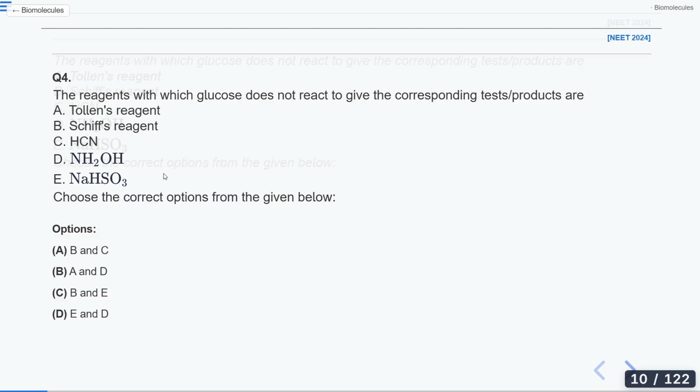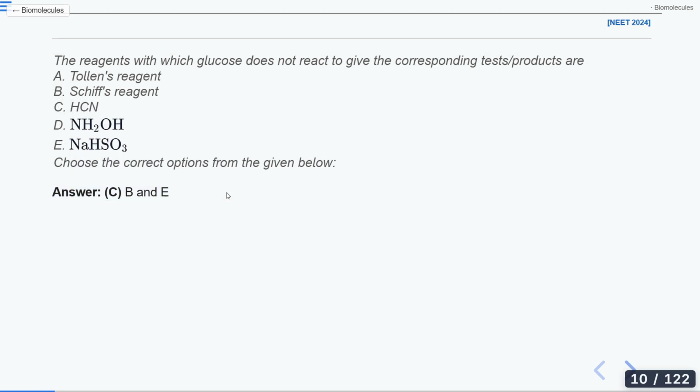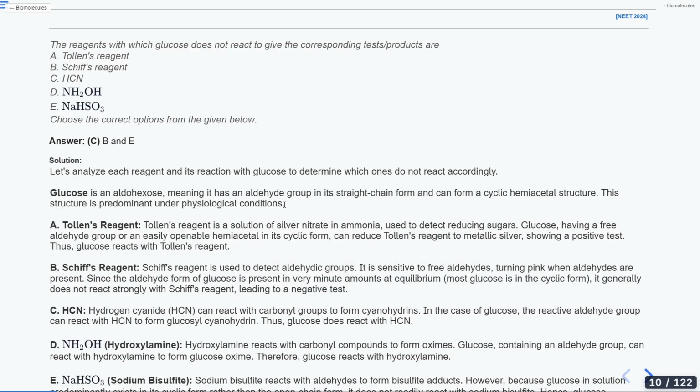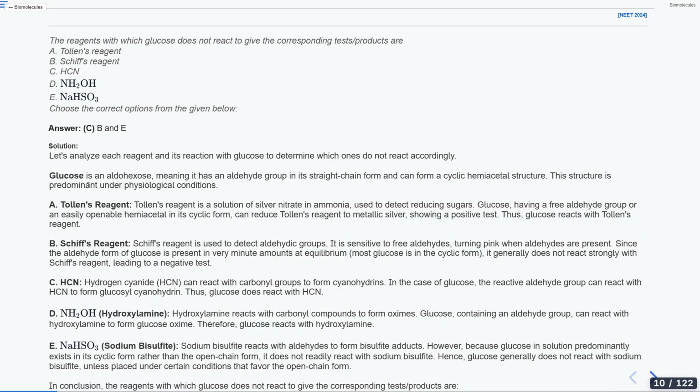Now moving on to the next question. For this one, we know that the correct answer is B and E. So these are your 4 reactions. Tollens' reagent, yes, it can give the Tollens' test because it results in the formation of metallic silver or the silver-colored precipitate. Then Schiff's reagent is used to detect the aldehydic group, and here your glucose cannot give this Schiff's reagent test.